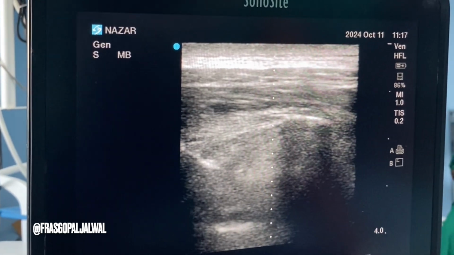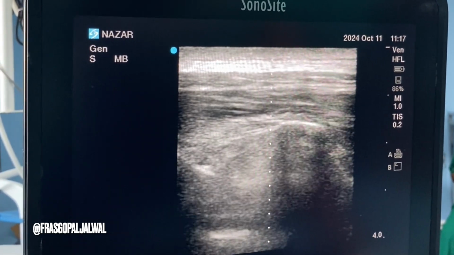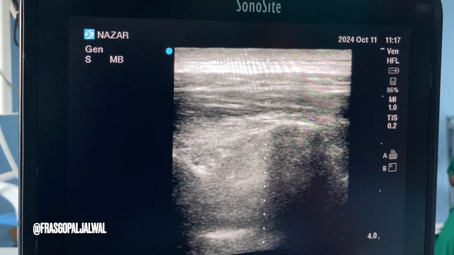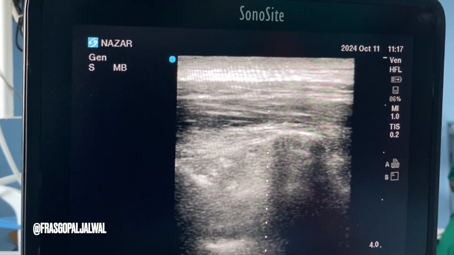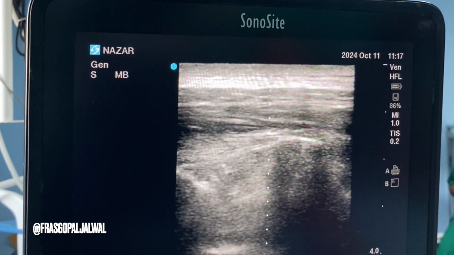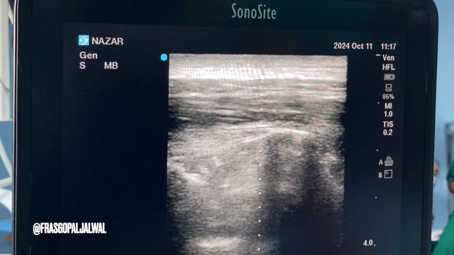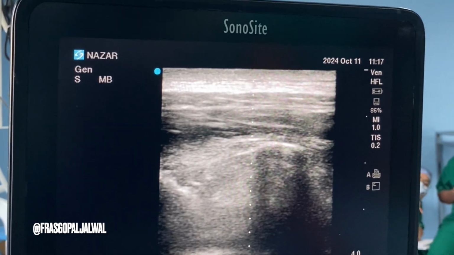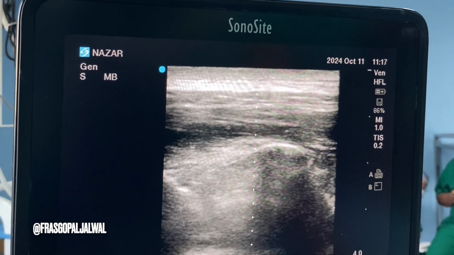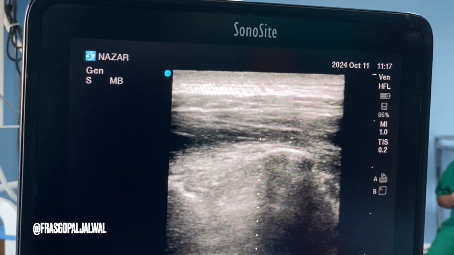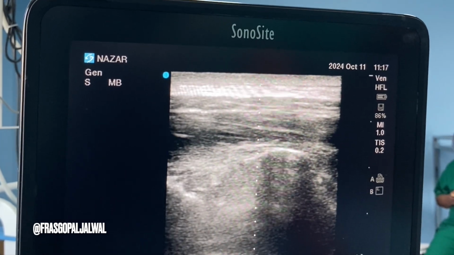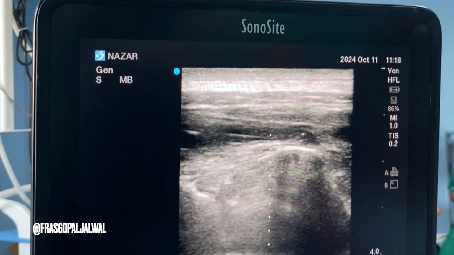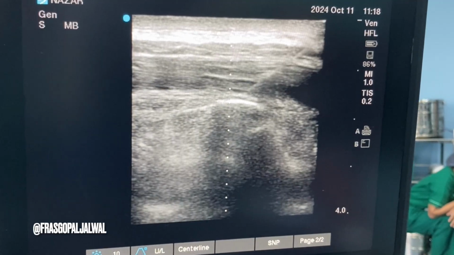This is the way the local anesthetic spreads in the plane of the erector spinae muscle, over the transverse processes, from one transverse process to another, lifting up the erector spinae muscle and then coming back over the transverse process.